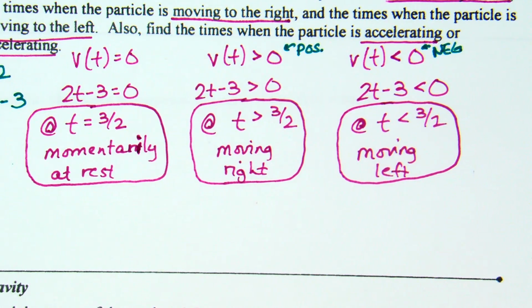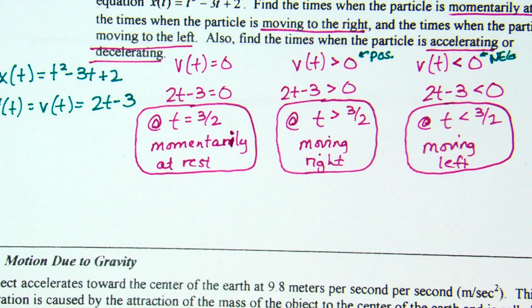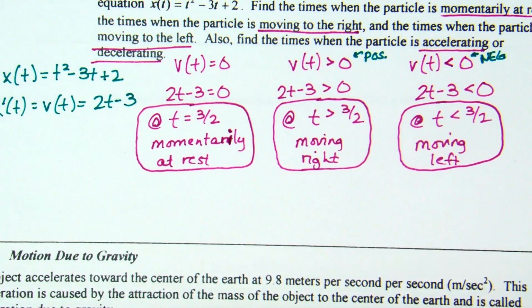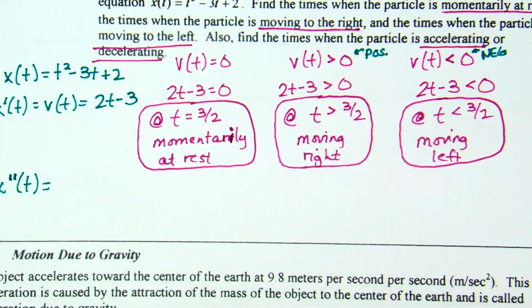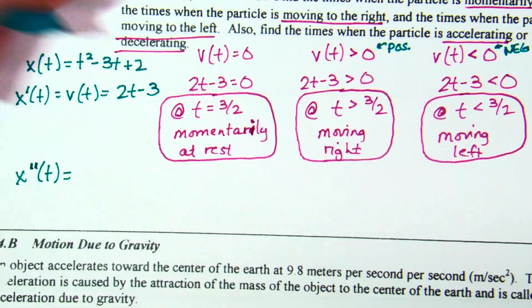Also find the times when the particle is accelerating or decelerating. Well, in order to find that, we have to do what? Yeah, we have to get the acceleration. So it's the second derivative of the position function, or the first derivative of the velocity, is acceleration.